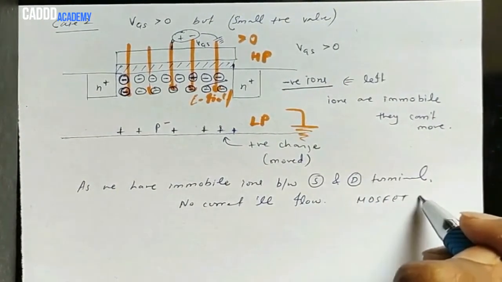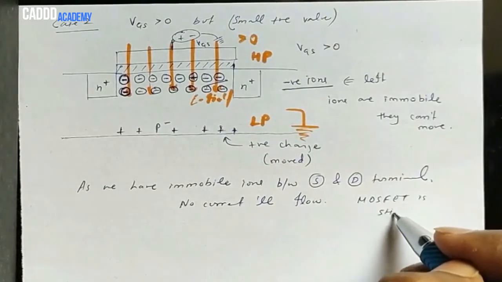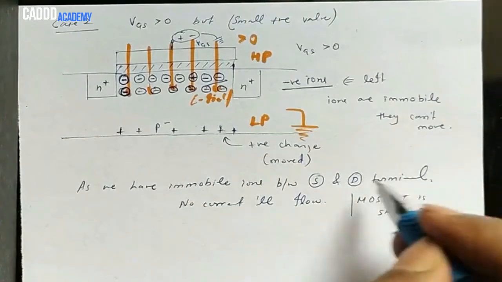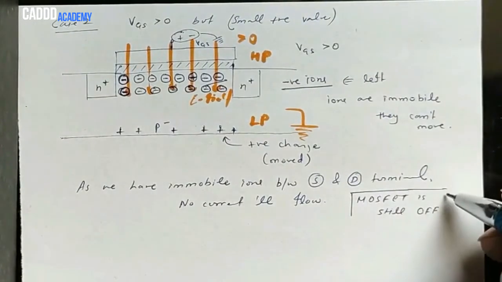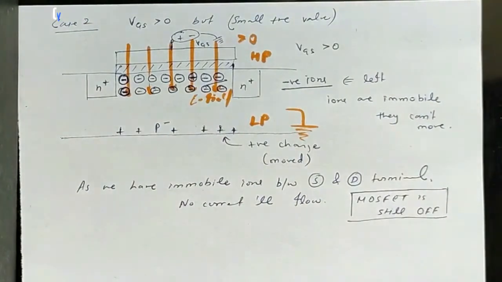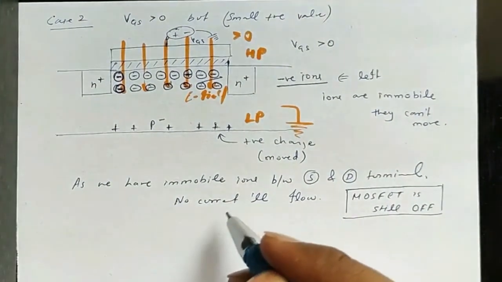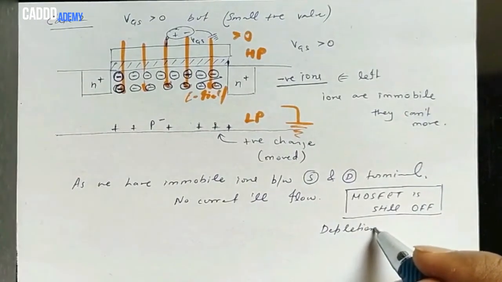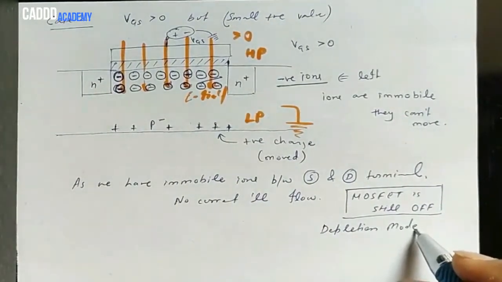So the MOSFET is still in the off condition here. So this is case 2. And this mode is what we call depletion mode.